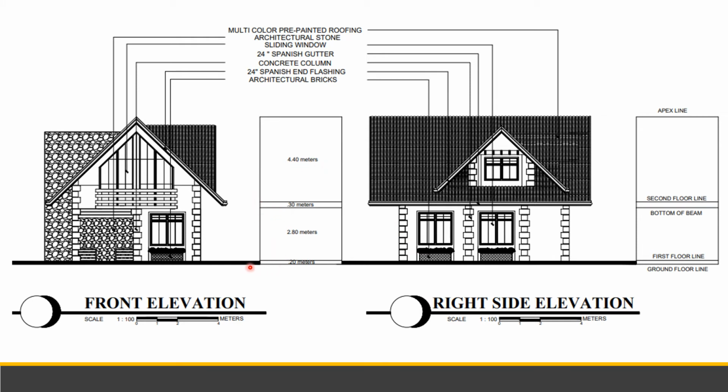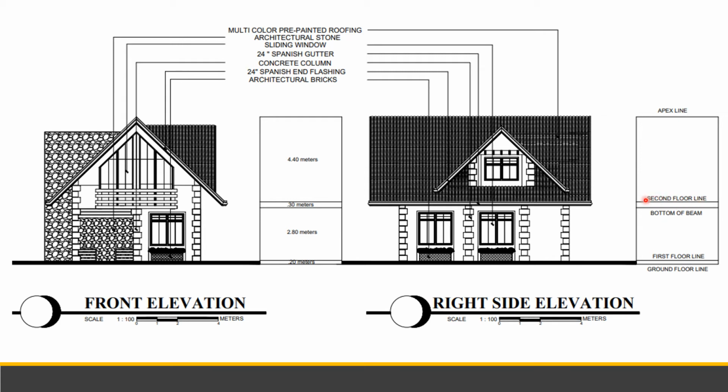So, this is a 0.2 meter level, yung ground, like yung flooring sa baba. And then, 2.8 meters yung height ng ground floor. So, hanggang dito lang yung first floor. Ito yung ceiling niya. This 0.30 meters is meaning, yung sa baba, ito is yung bottom ng beam, and then yung sa taas is yung second floor line.